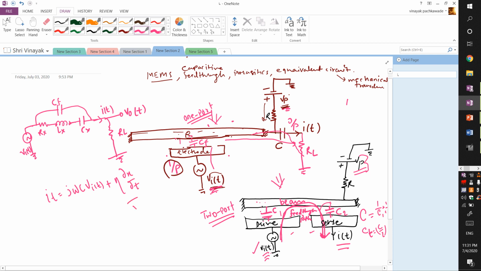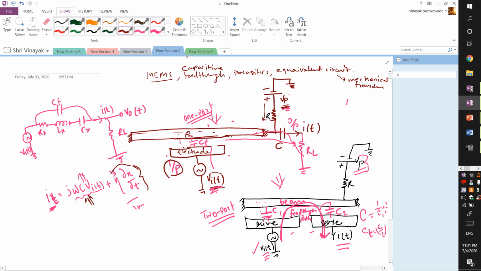That's the motional part, and if this current component is higher than this current component, it's difficult to detect the signal due to motion, and we are interested in this component over here. So an attempt should be made to reduce the output current due to this component while designing.